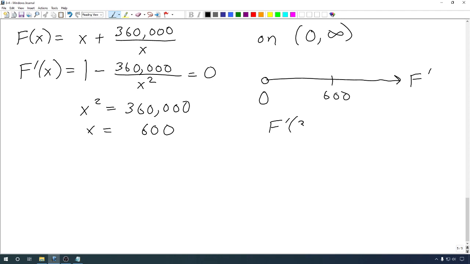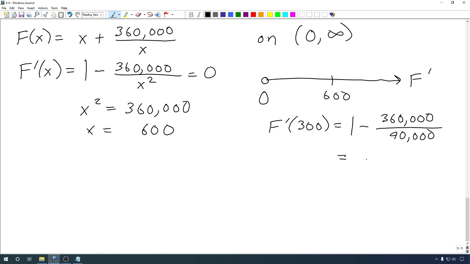Now, I went ahead and picked some numbers that actually come out nicer than normal. So this is kind of an annoying formula to plug numbers into. So I picked 300 for the interval from 0 to 600. So I have 1 minus 360,000 over, well, 300 squared gives 90,000.